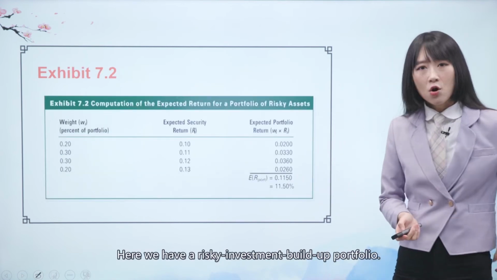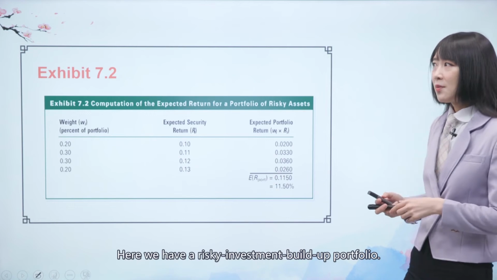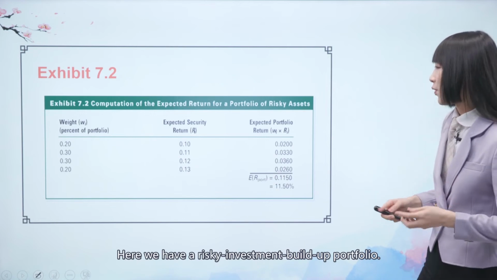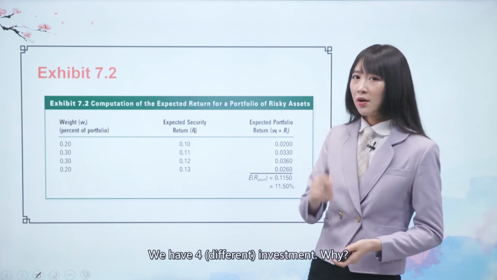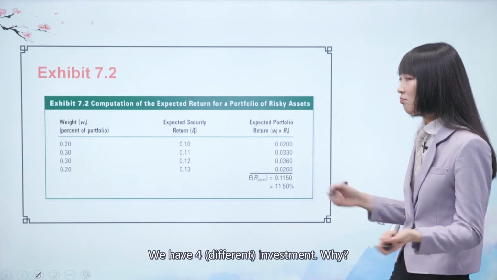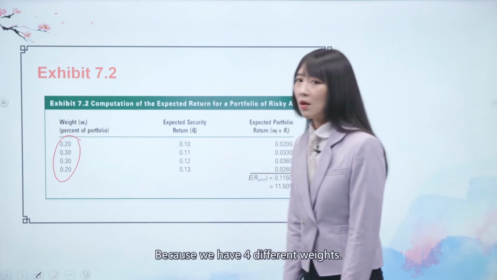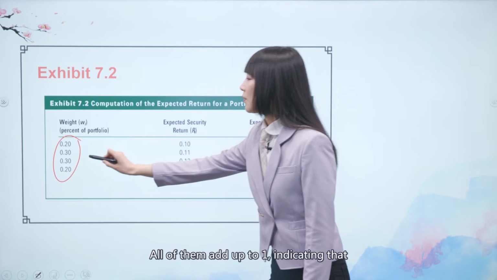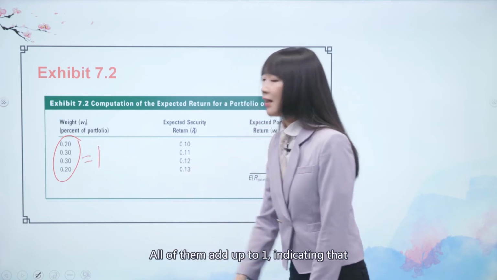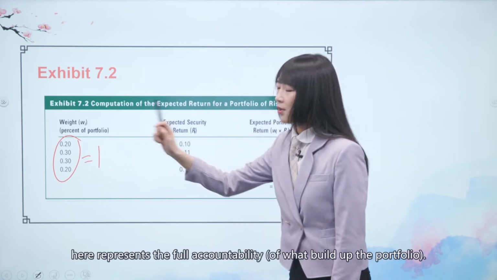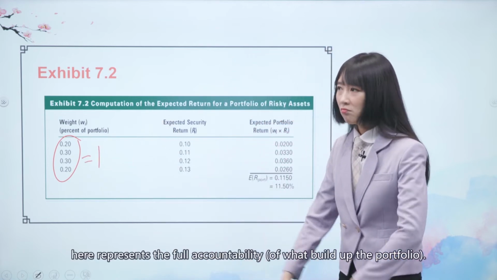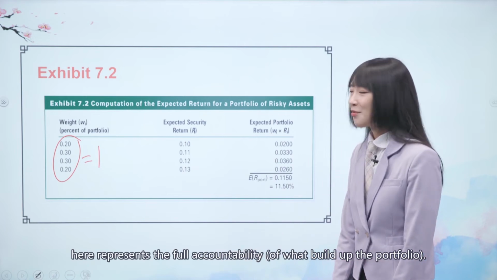Here we have a risky investment portfolio built up. We have four investments. Why? Because we have four different weights. All of them add up to 1, indicating that this represents the full portfolio, right?